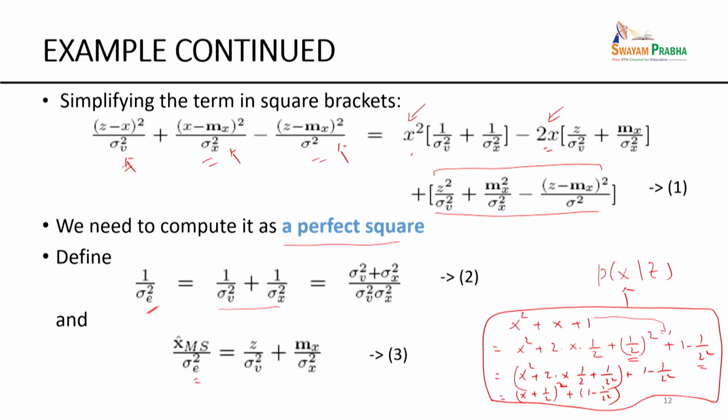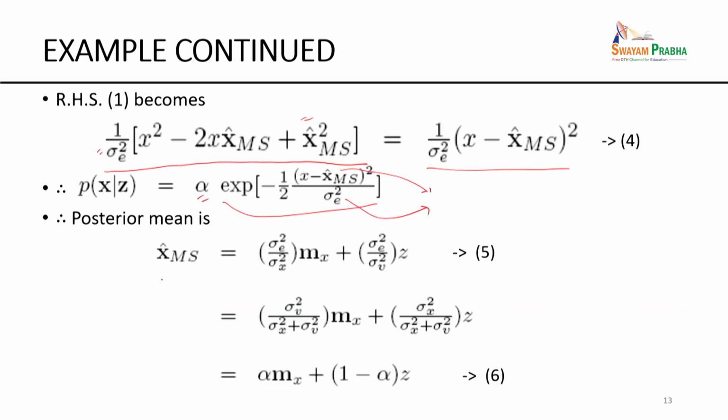Therefore, from equation 3, I have an expression for x hat ms. I am rewriting this: x hat ms is sigma square e by sigma square x times mx plus sigma square e by sigma square v times z. So what does this tell you? These two are weighting functions, these are weights. What is mx?